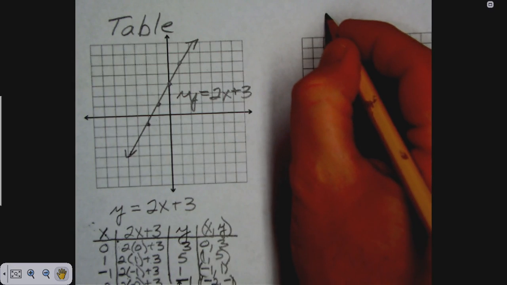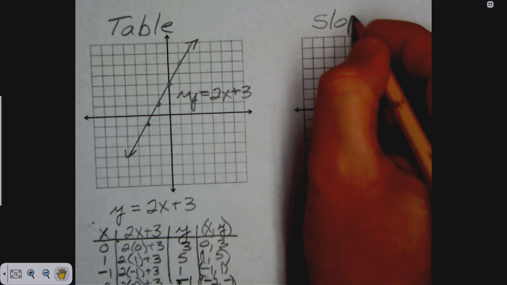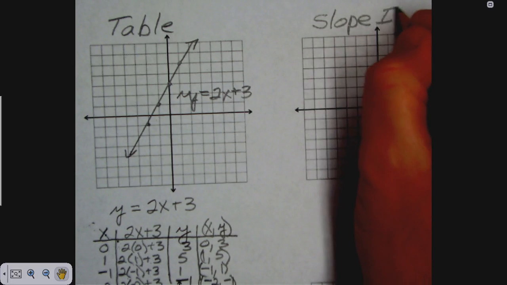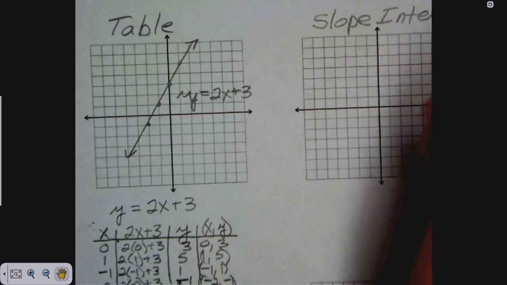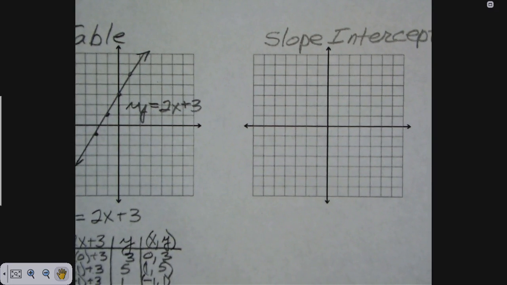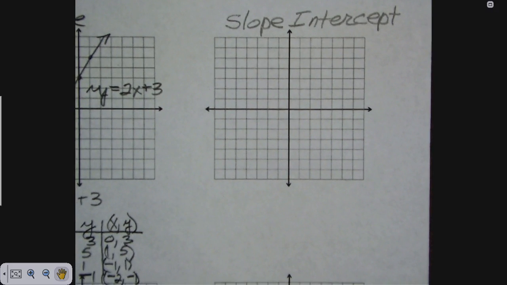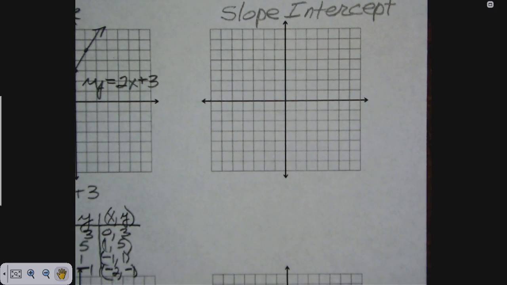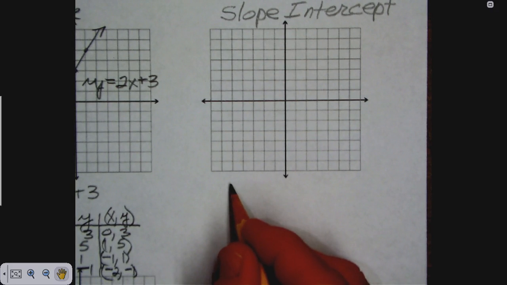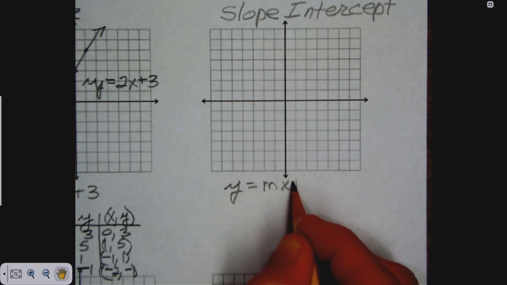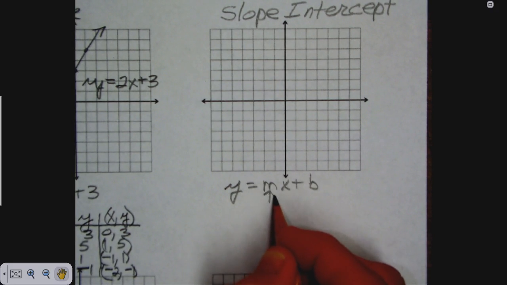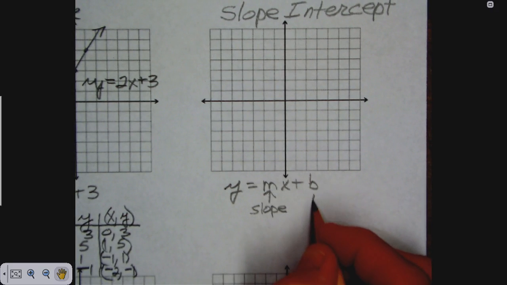Over here, I'm going to do the slope-intercept. The background on the slope-intercept is that if we have an equation in the form y is equal to mx plus b, the number before the x is the slope, and this other number, the plus number here, is the y-intercept.